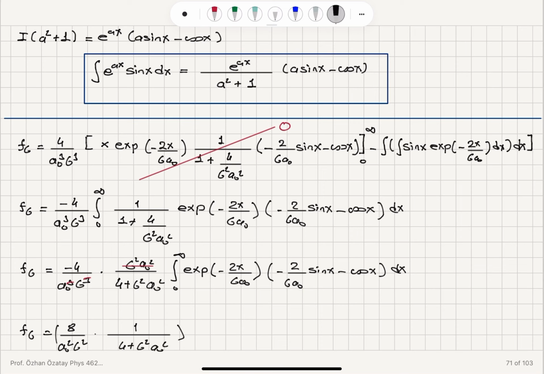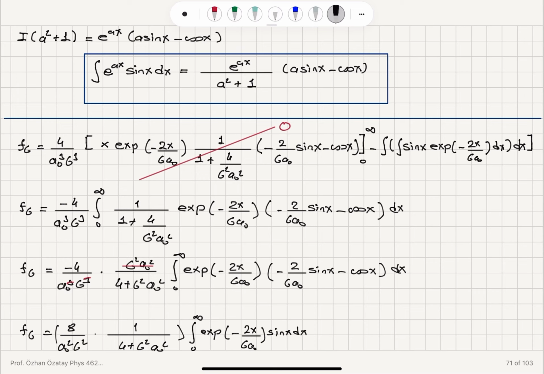So this is my prefactor for the first integral. And this is integral from 0 to infinity exponential minus 2x over ga0 sine x dx. That's the first term.